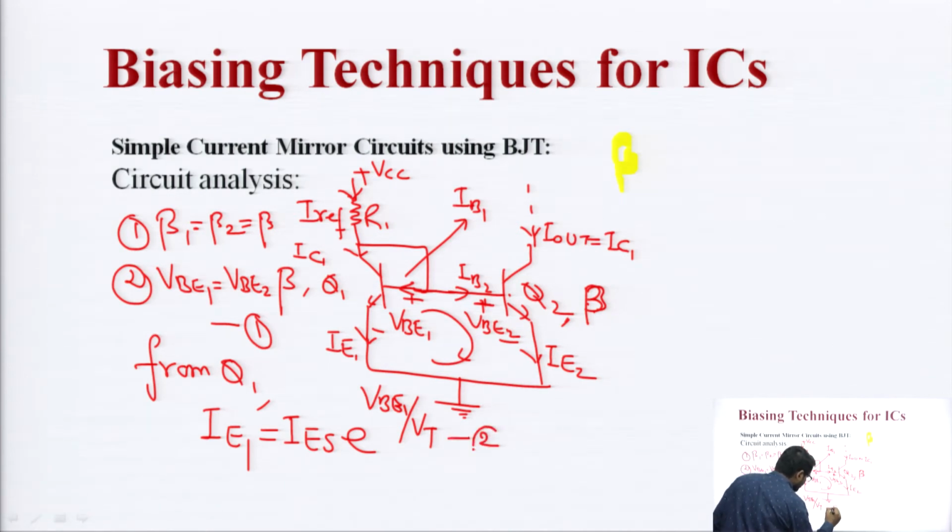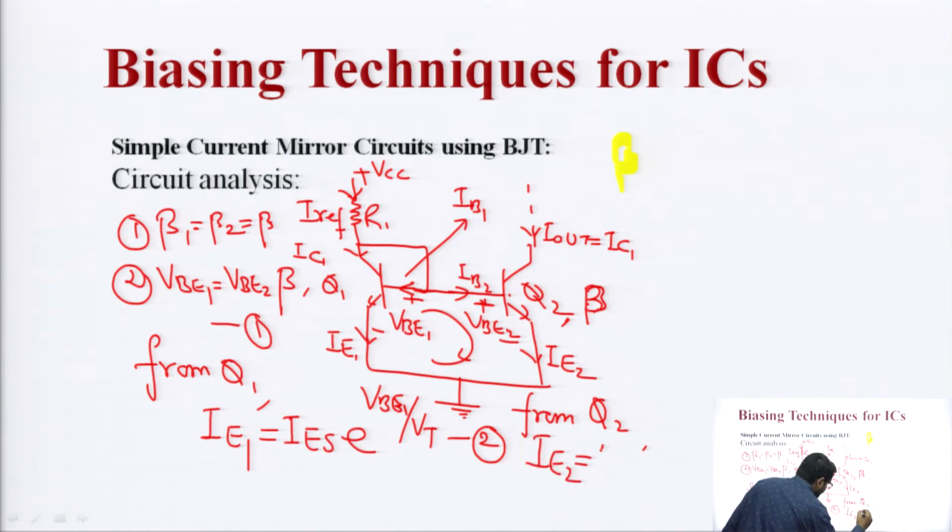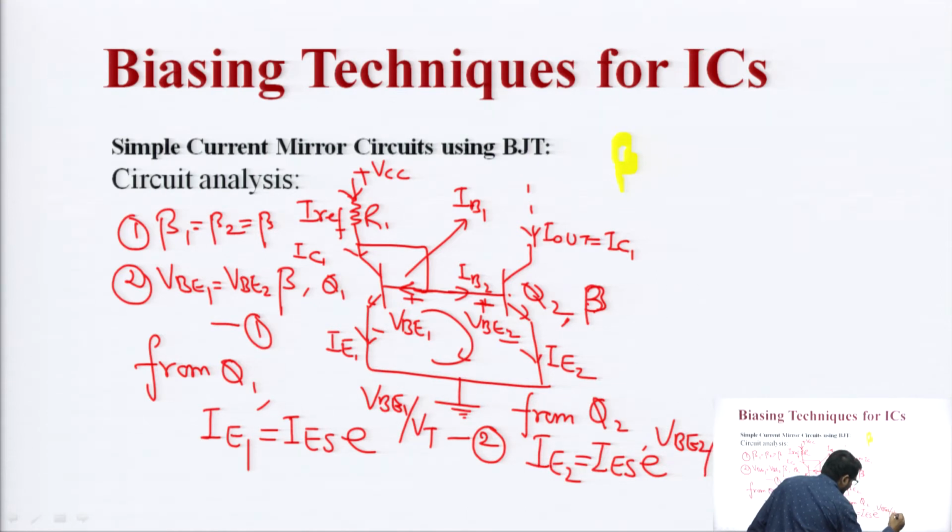This is equation 2. And from Q2, IE2 is IES e to the power VB2 divided by VT. That is equation 3.